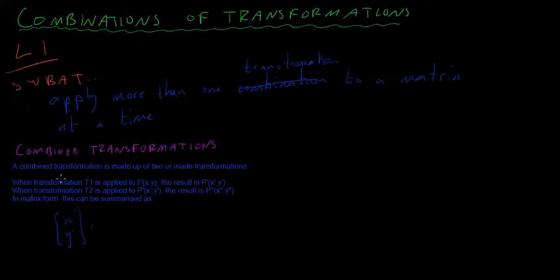So combined transformations are made up of two or more transformations. So when transformation T1, let's call it T1, is applied to the point x, y, the result is p dashed, x dash y dash. And then if we apply transformation T2 to p dash, then the result is p dash dashed.